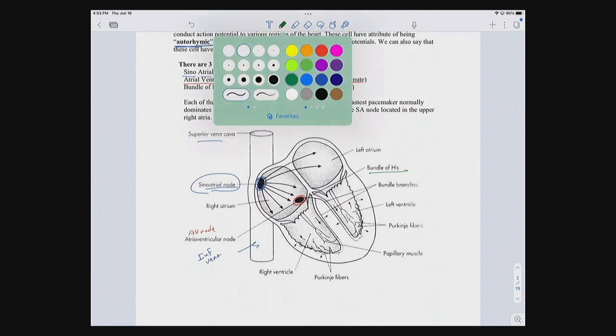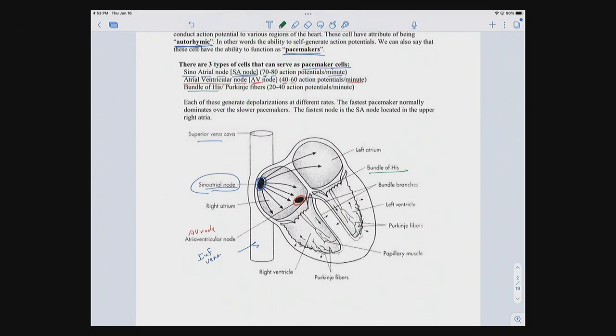And then the third general category we're going to call the bundle of His and Purkinje fibers. The bundle of His is just this area right here, downstream from the AV node. Then these fibers bifurcate and form the bundle branches. I'm going to have a left bundle branch, BB for bundle branch, and over here my right bundle branch.